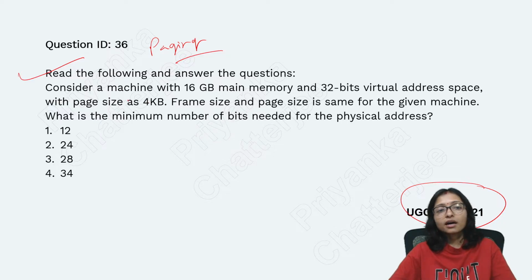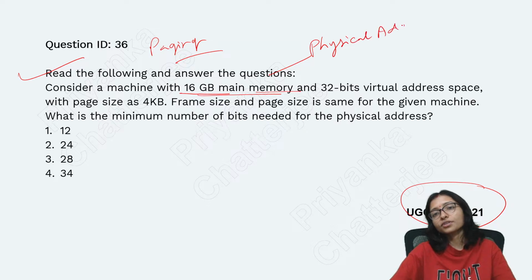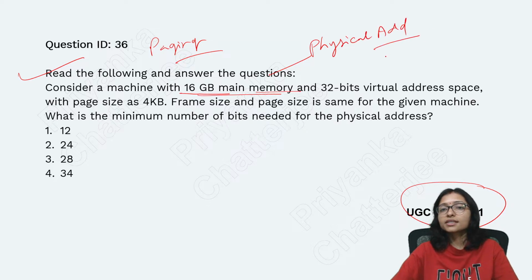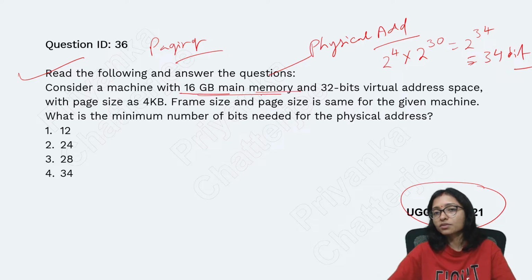Consider a machine with 16 GB main memory. From main memory you get the physical address. 16 GB means 2 to the power 4 multiplied by 2 to the power 30, that is 2 to the power 34, so the physical address is 34 bit.